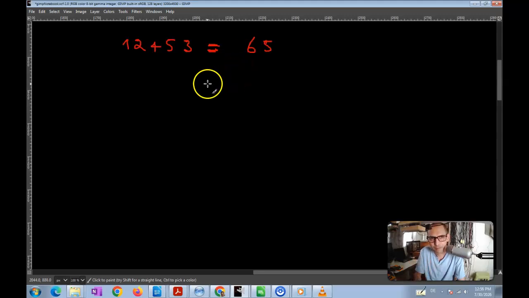This is easy when it comes to fairly small numbers, like 12 plus a 53. I can still do this in my head, although it would be easier to do this on a piece of paper, but I can use the paper and simultaneously use my mind.